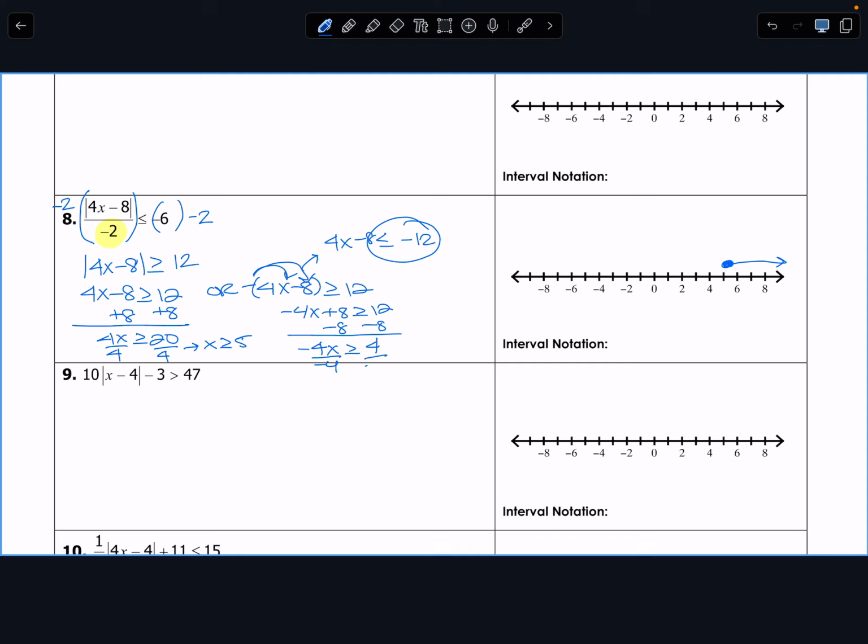Divide both sides by negative 4, so I get x is less than or equal to negative 1. So my interval notation is negative infinity to negative 1, union 5 to positive infinity. I'll skip 9 and do 10.